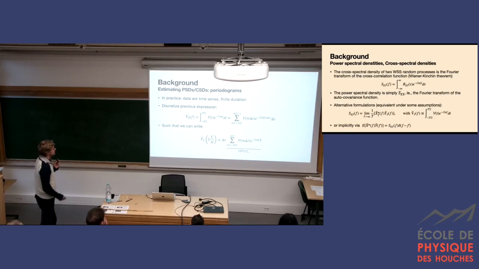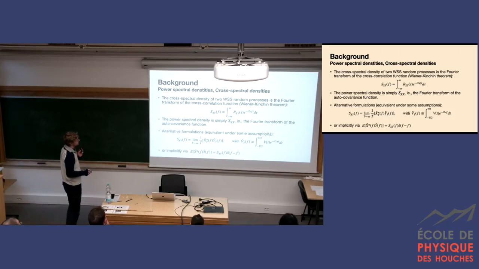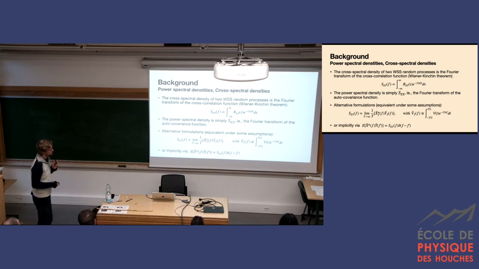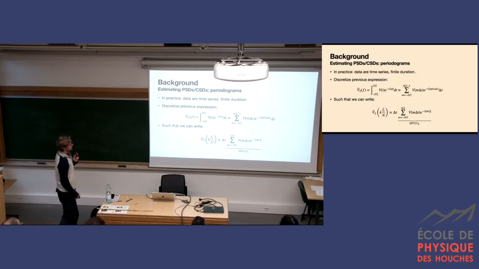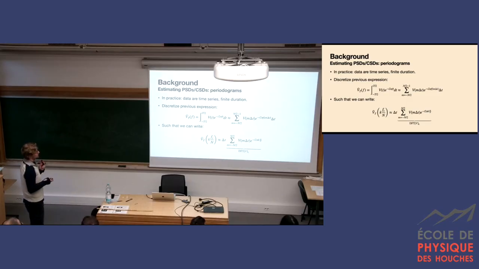Now, as I mentioned, this definition here in particular is very useful in practice, because in practice we don't have infinite time, we have finite time, and we want to estimate PSDs for finite time series. So what you can do is you start from this finite time Fourier transform, and you discretize it. So instead of doing an integral, you do a sum.